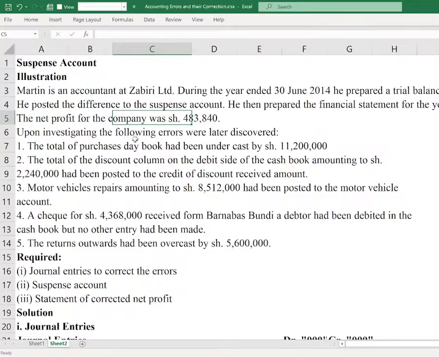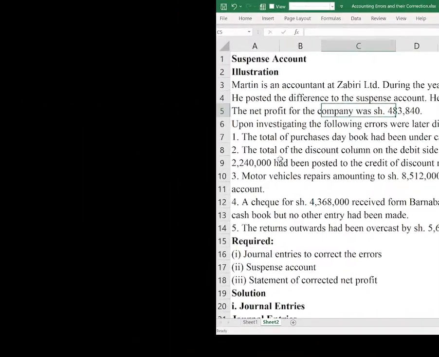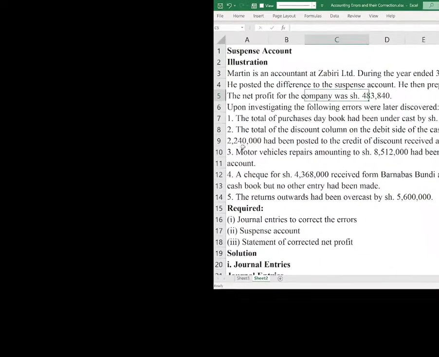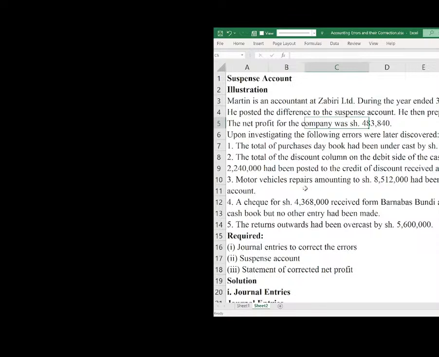Upon investigating, four errors were later discovered. The total of the purchase day book had been undercast by 11,200,000. The total of the discount column on the debit side of the cash book, amounting to 2,240,000, had been posted on the credit of the discount received account. Motor vehicle repairs amounting to 8,512,000 had been posted on the motor vehicle account.